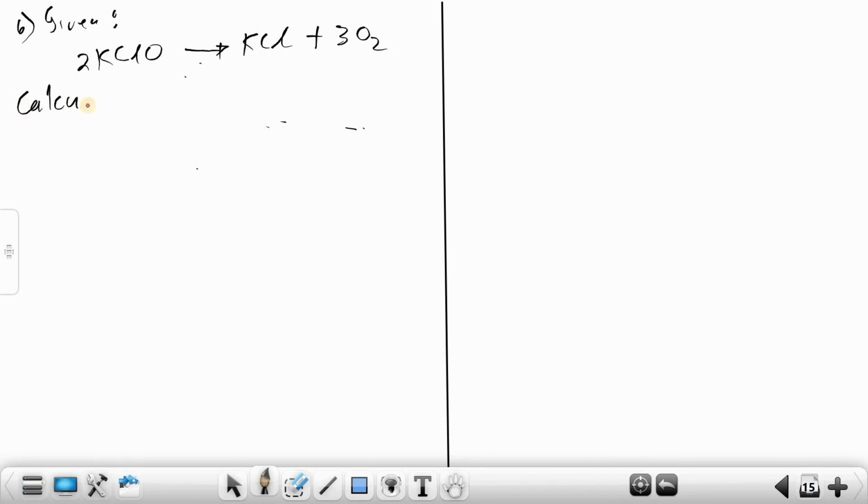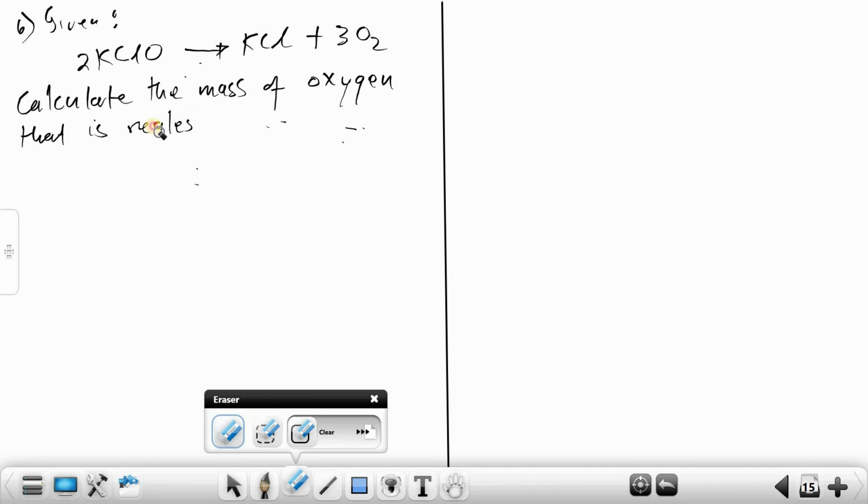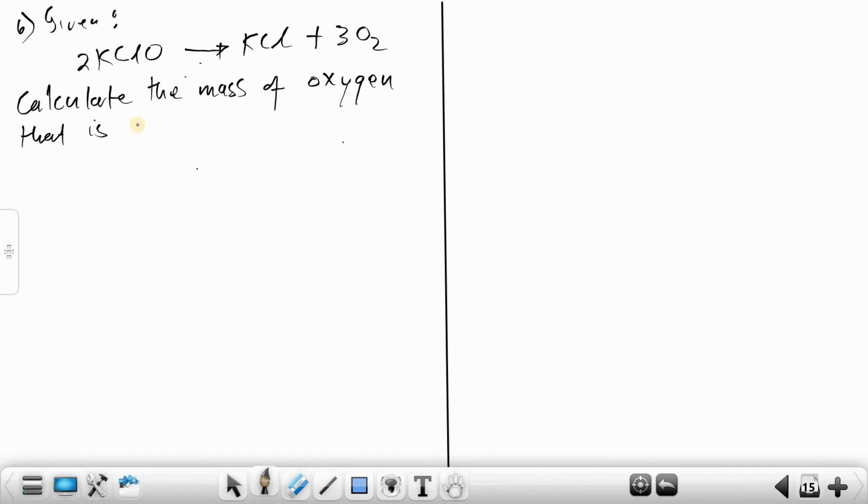And then the question says calculate the mass of oxygen that is released when 29,4 grams of KClO3 is heated.